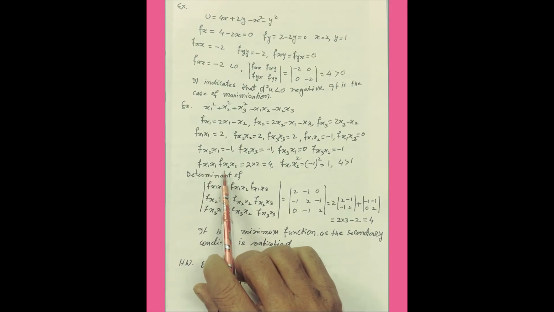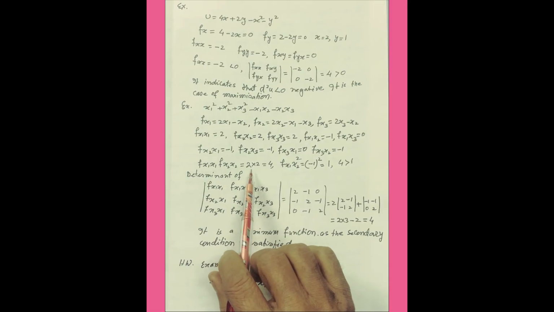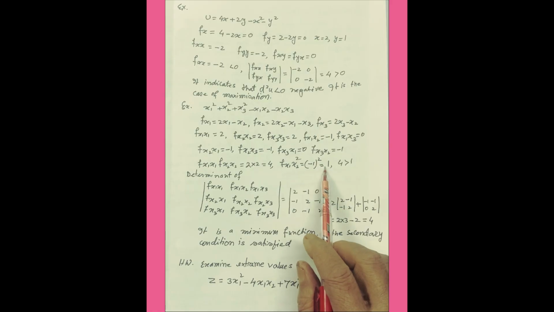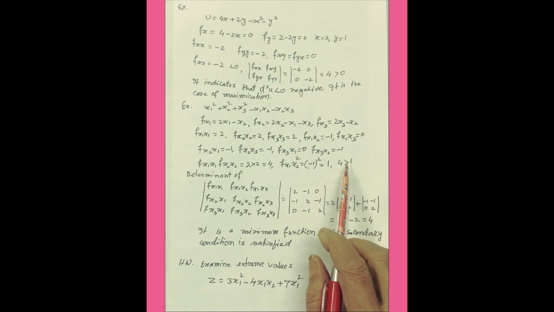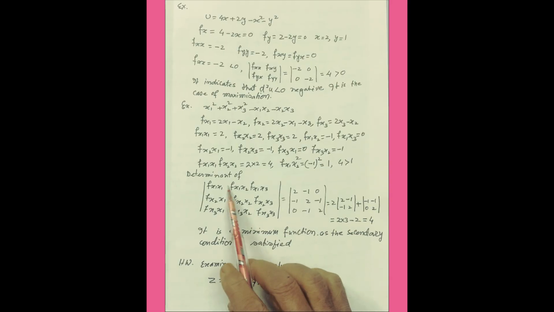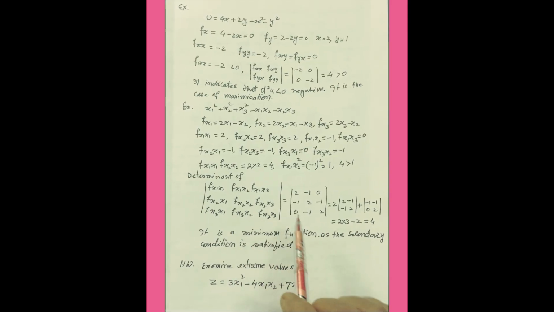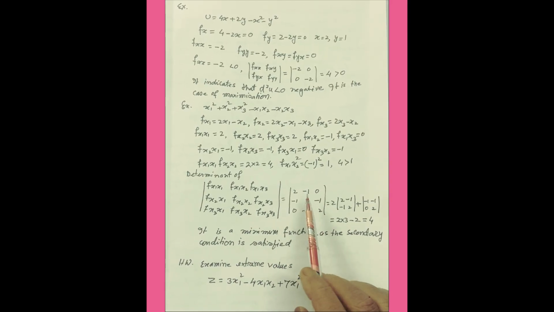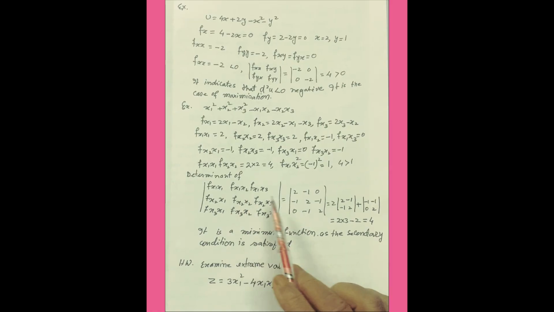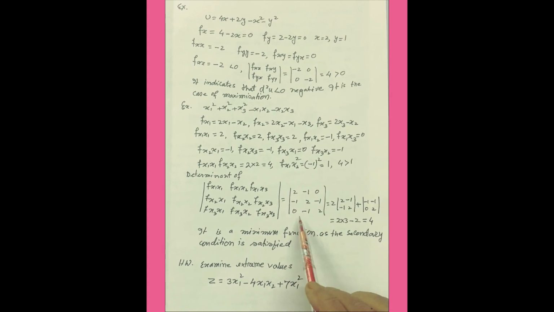fx1x1 into fx2x2 is equal to 4, and square of fx1x2 is equal to 1. So 4 is greater than 1. It is satisfied. Then determinant of this is equal to, if we put these values, fx1x1, fx1x2 and so on, 2 minus 1 0, minus 1 2 minus 1, 0 minus 1 2.